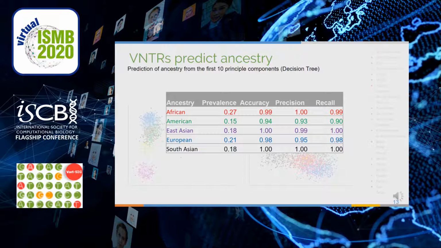This is a method that is used with SNPs in 23andMe and DNA Ancestry, and you can see that we could achieve similar precision using just 10 principal components and only 4,000 loci, which is pretty significant.